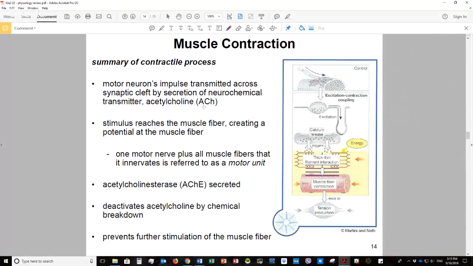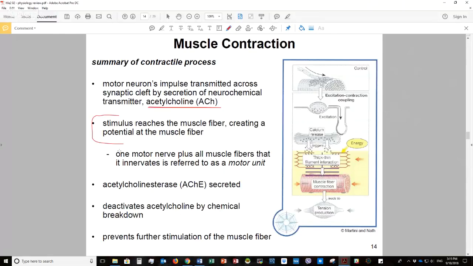This is a quick overview of that process. So first we have the neuron's impulse that comes down across the synaptic cleft. We'll talk about that. That causes secretion of this neurotransmitter acetylcholine. So that crosses the gap and stimulates the muscle fiber, creating an electrical signal within the fiber itself.